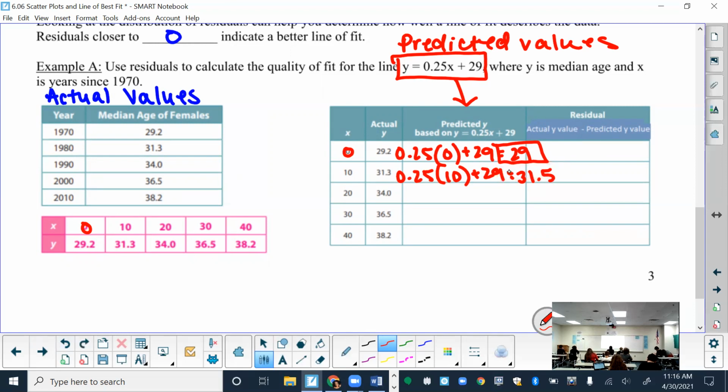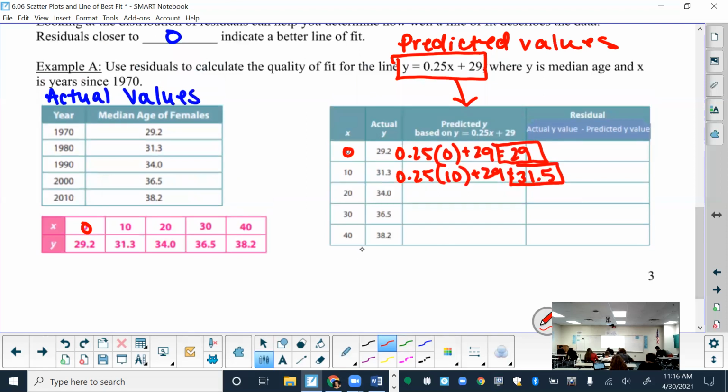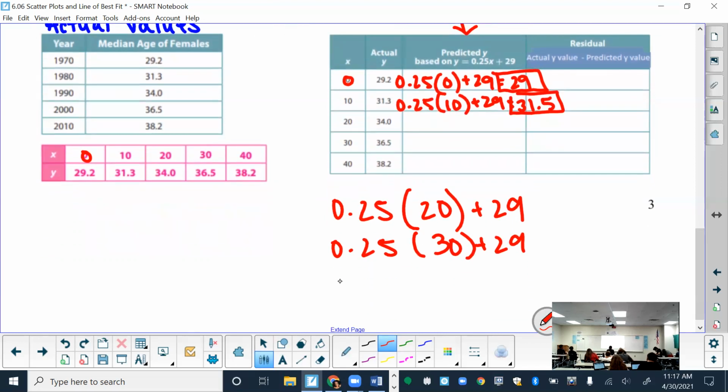Fill in the rest of the table using that same method. I'll show work down here because I'm writing really big. So solve for when x is 20, when x is 30, and when x is 40.